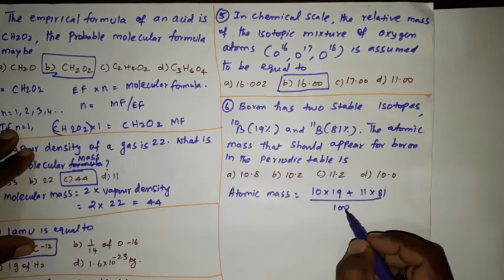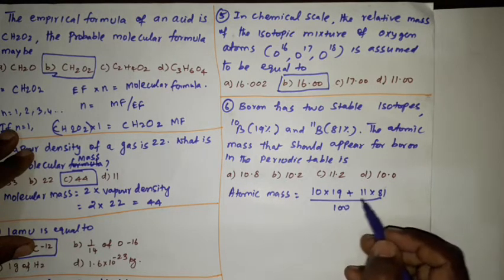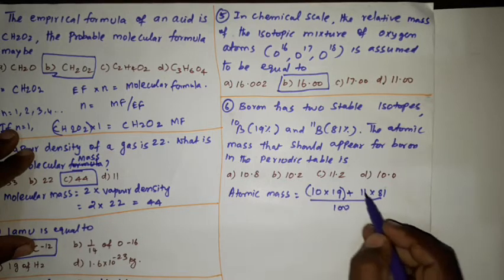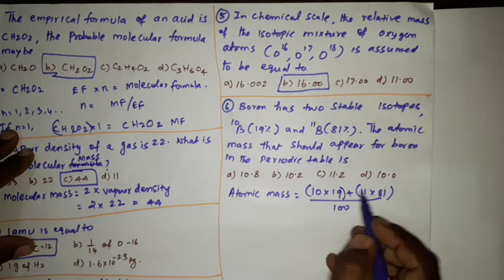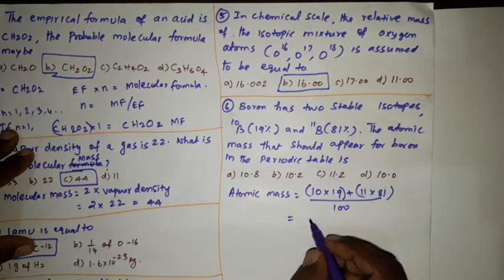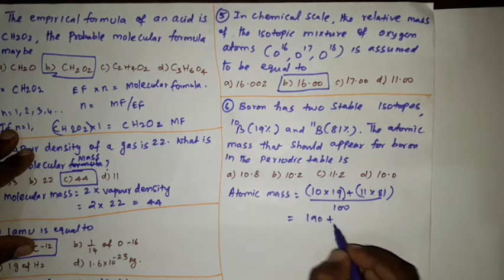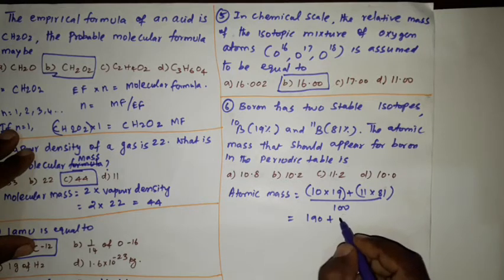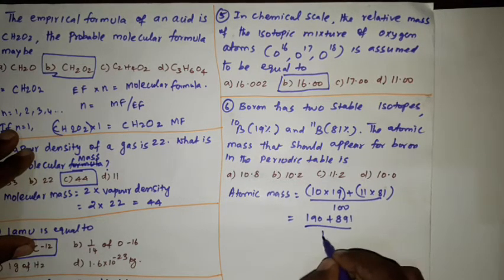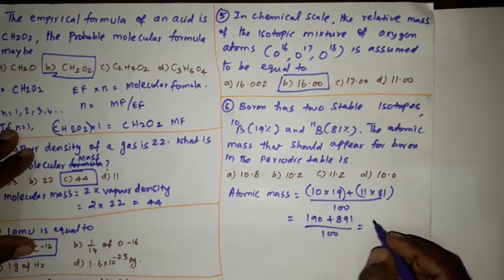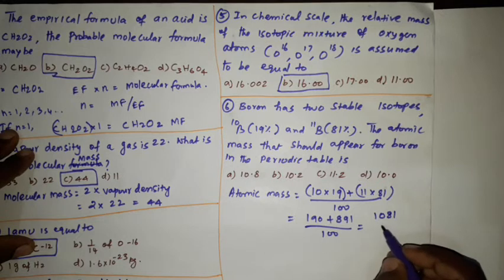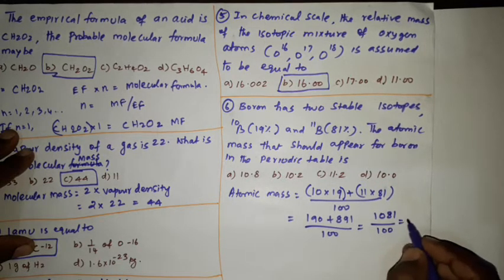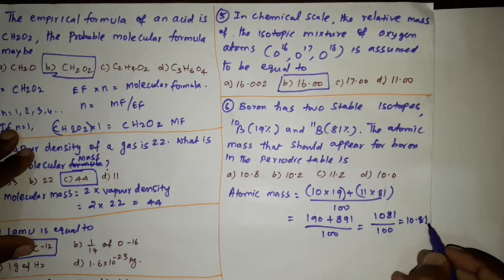So total 19 plus 81 is 100. Now you will get the answer: 190 plus 891 divided by 100 equals 1081 divided by 100. Then the final answer is 10.81.